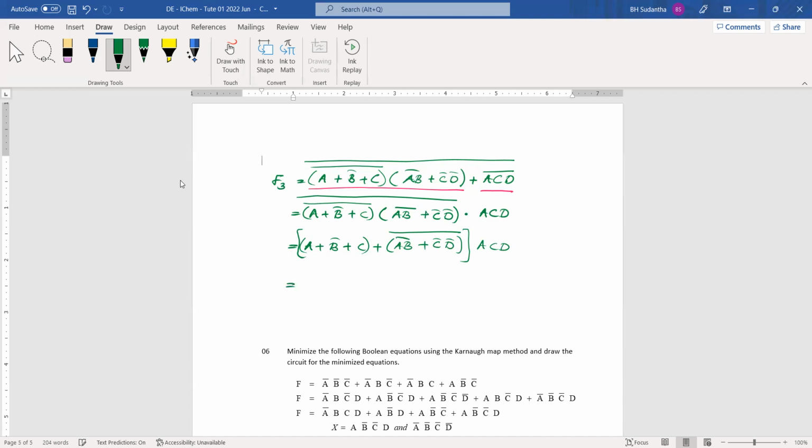To solve this bracket first, we have this A. Then again we have to apply De Morgan's here. Then we receive inside the bracket AB dot C bar D bar.